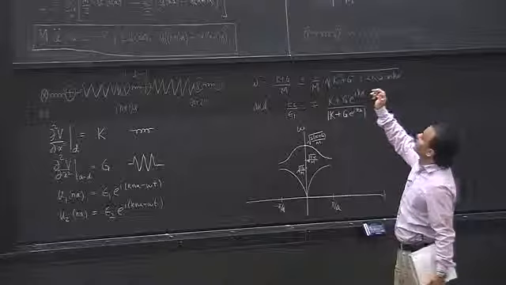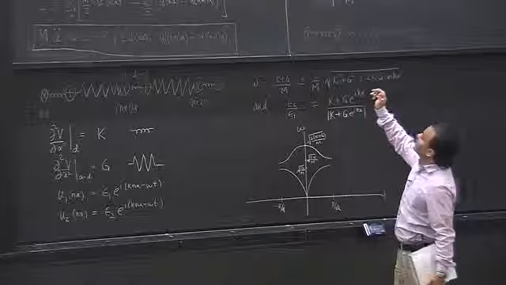Now, if I draw, you asked about the light mode. If I draw on this same curve, speed of light, it will be very difficult to draw. The slope is so large that I'll have to draw a line like this. So speed of light is very large compared to the speed of sound.